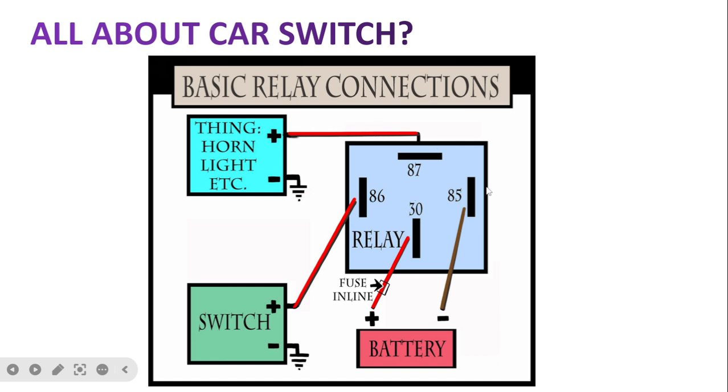The other pins, 86 and 85, are used for energizing the coil of the relay, for pulling the plunger so that the 30 and 87 connection is made, allowing current to flow.